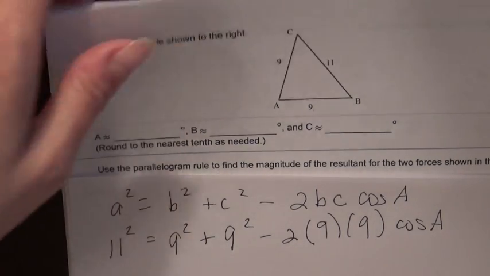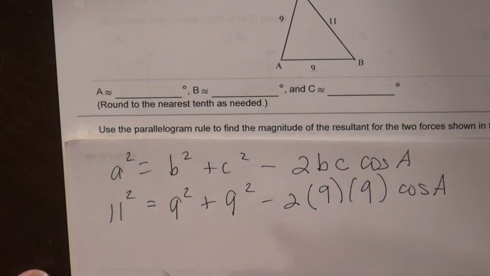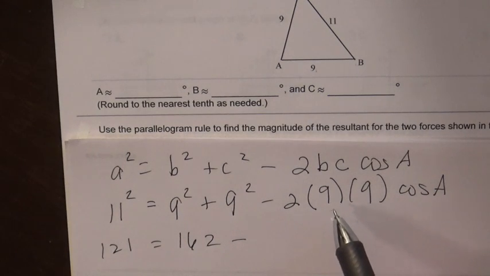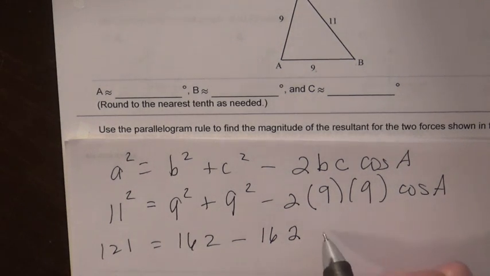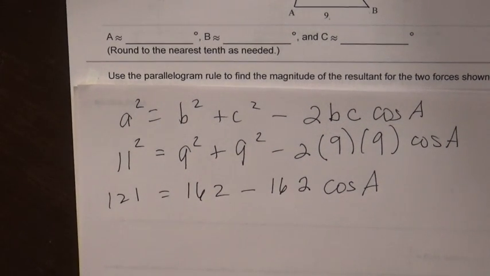So 11 squared is 121. And then we have 81 plus 81, which is 162. And then 2 times 81 is 162 again, times cosine of A. Then working through the calculations, I can subtract 162 on both sides.